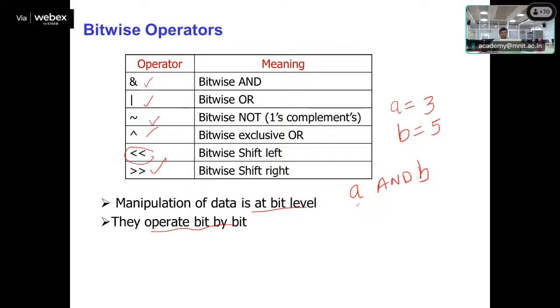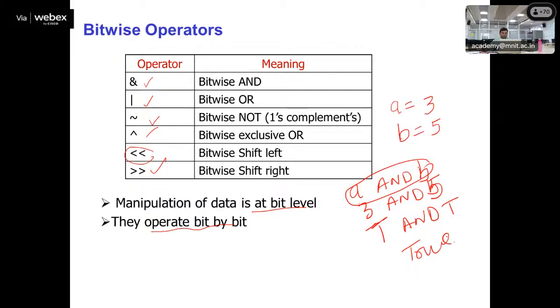So A is the number 3 and B is 5, and as I told you, if the value is non-zero, it will be treated as true. So 3 is treated as true and 5 is also treated as true. So the result of this expression will be true.